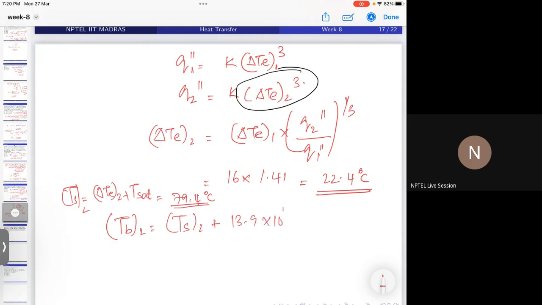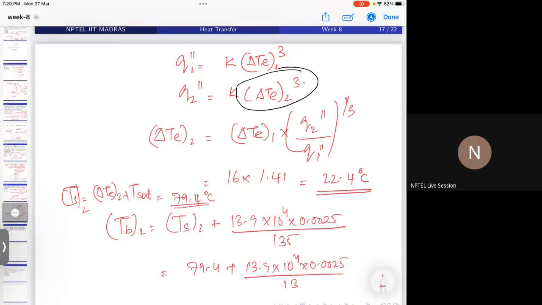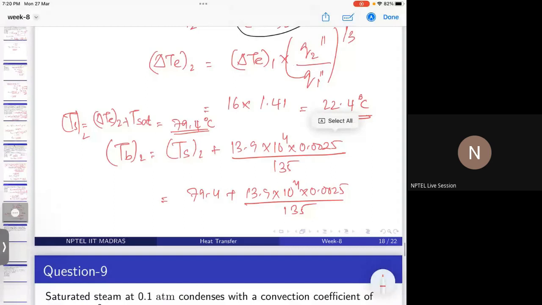So it is equal to 79.4 plus 13.9 into 10 raised to 4. You'll get the answer as 82 degrees Celsius. So this will be the surface temperature when the heat flux is increased to 90% of the critical heat flux value.